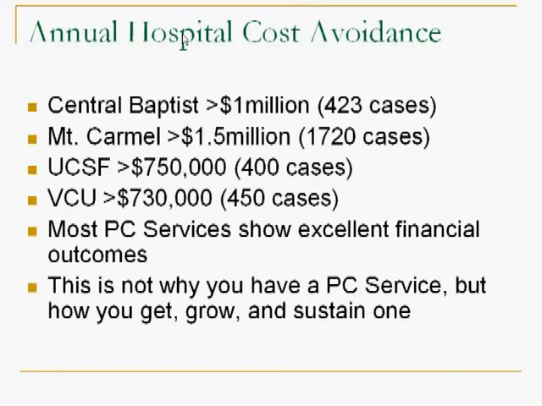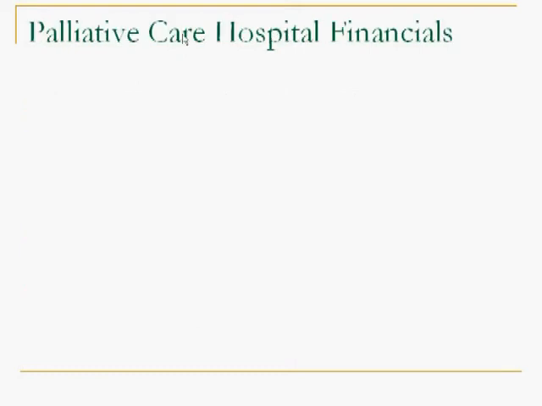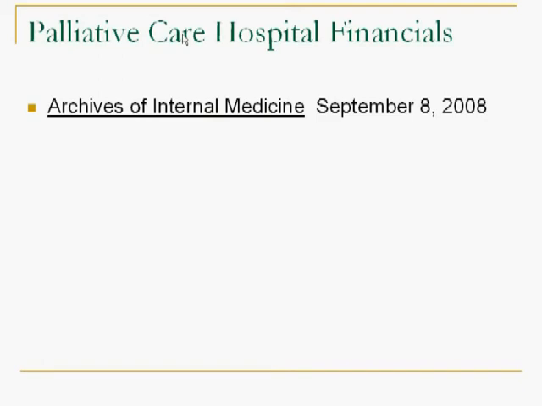We still take a little bit of a loss, but probably make that up with increased referrals. The money isn't why we have a palliative care service, but it's what you've got to do to grow and sustain one. It's because the bean counters have to be appeased.